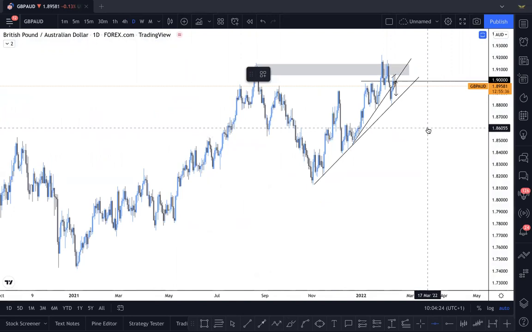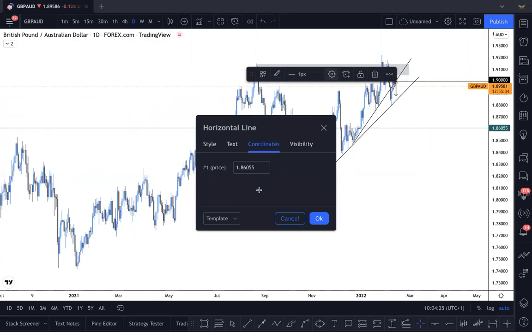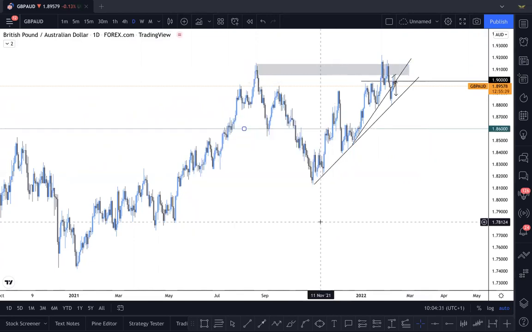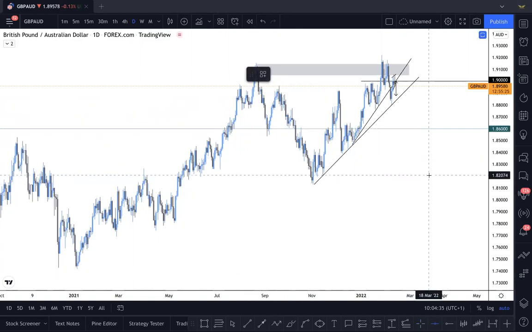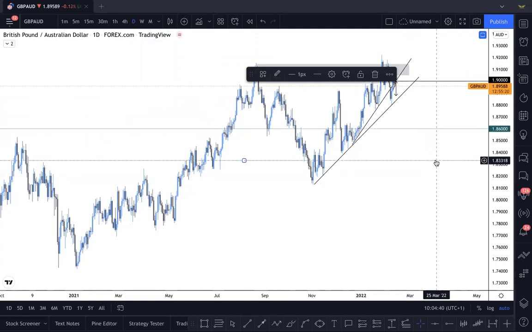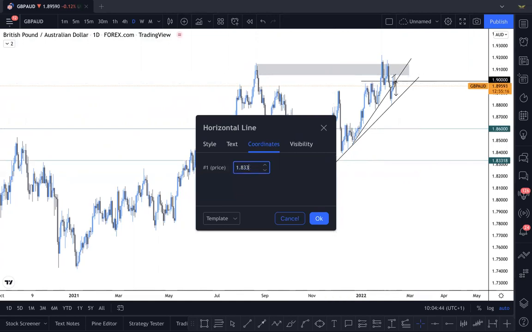This is a trade you hold for a while, which will be worth it, right? That'll be the first target, and this will be the second target.